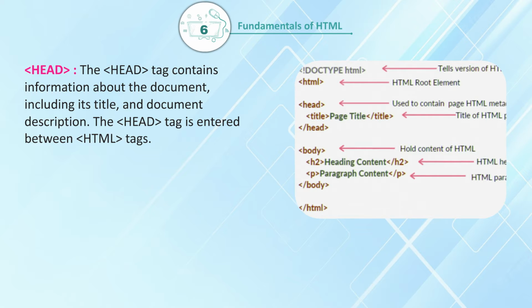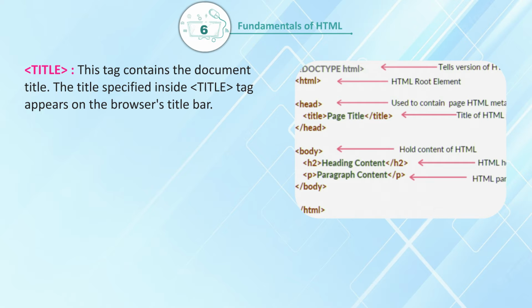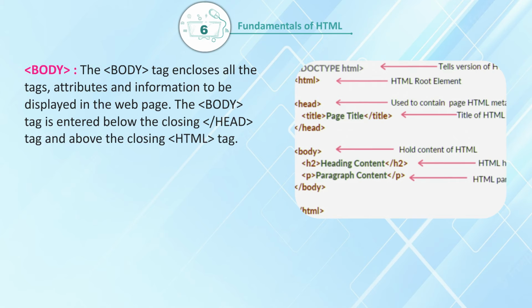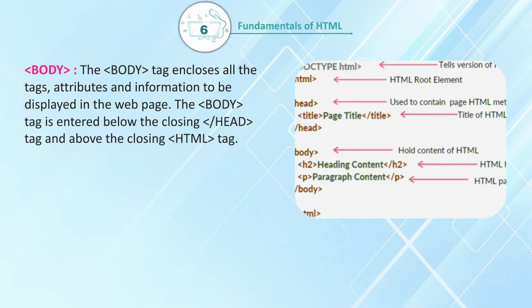The head tag is entered between the HTML tags. Title. This tag contains the document title. The title specified inside the title tag appears on the browser's title bar. Body. The body tag encloses all the tags, attributes, and information to be displayed in the web page. The body tag is entered below the closing head tag and above the closing HTML tag.